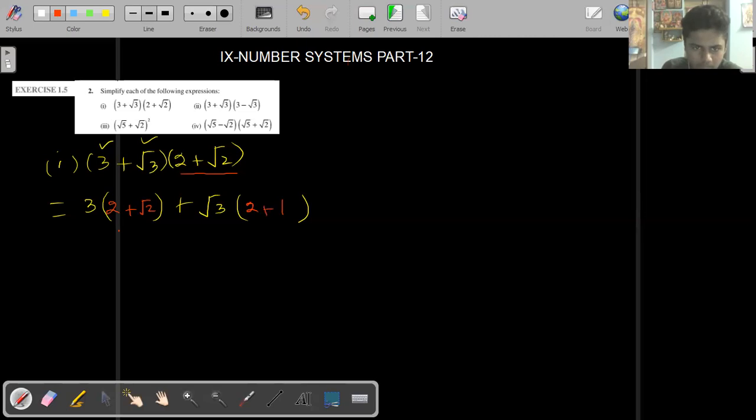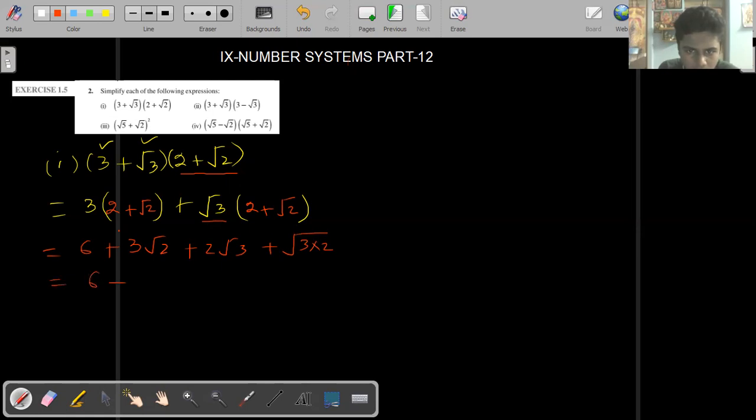You will not leave any term. Now multiply 3 with 2 to get 6. 3 will multiply with root 2, so 3 root 2. Then root 3 into 2 is 2 root 3, and root 3 into root 2, we can write in the same root, root 6.